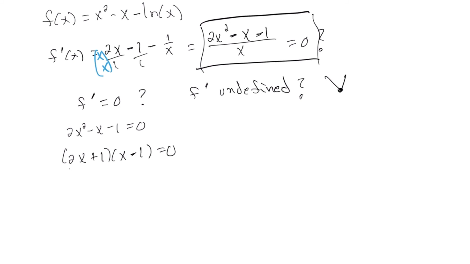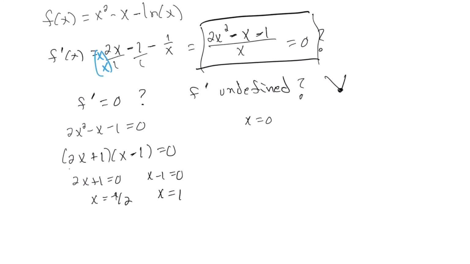So this does factor. Setting each of these factors equal to 0, I'm going to get x equals negative 1/2. And then x minus 1 equal to 0, I'm going to get x equals 1. All right, now where is the derivative undefined? That's where the denominator is going to equal 0, and then x equals 0 is a critical point.